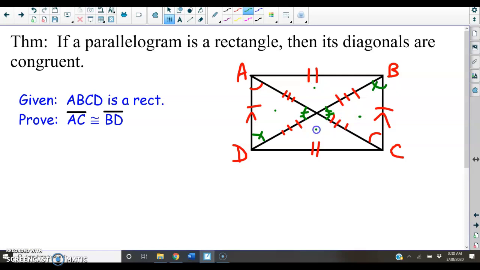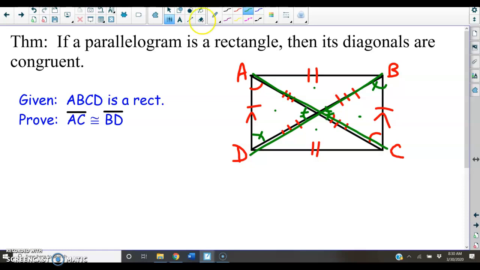We can also get the top and bottom triangles are congruent. So the sum of the triangles will be congruent. And therefore, we'll get our diagonals are congruent. CPCTC.